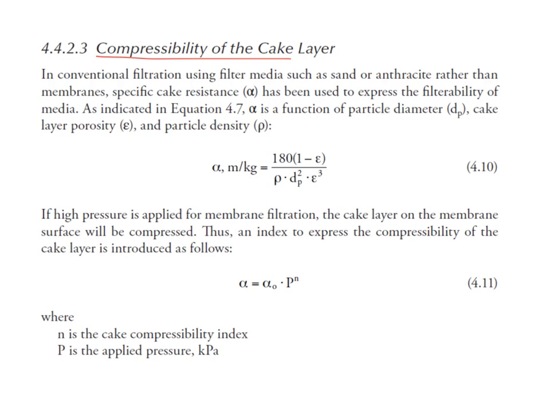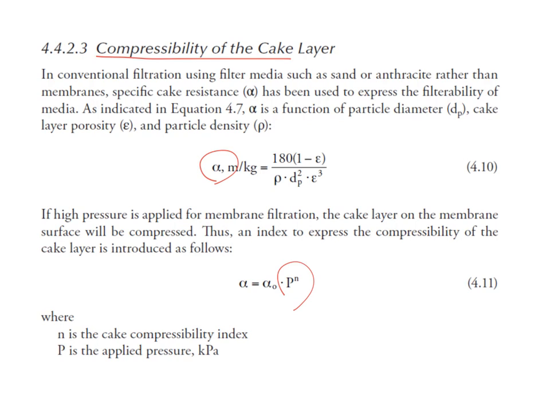So these particles are basically compressible, and we have to consider that. So when we don't have any pressure, we'll initially have this alpha value, and if we have pressure, this alpha will increase due to this compression effect.